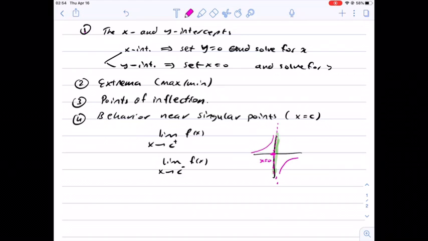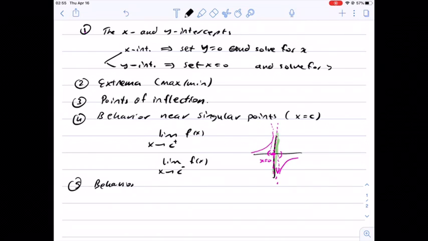So in order to study the behavior of the function near this singular point, we take the limit from the right, and we find that the limit is negative infinity, and then the limit from the left, and we find that the limit is plus infinity. So that gives us good information about the behavior of the function near the singular point.